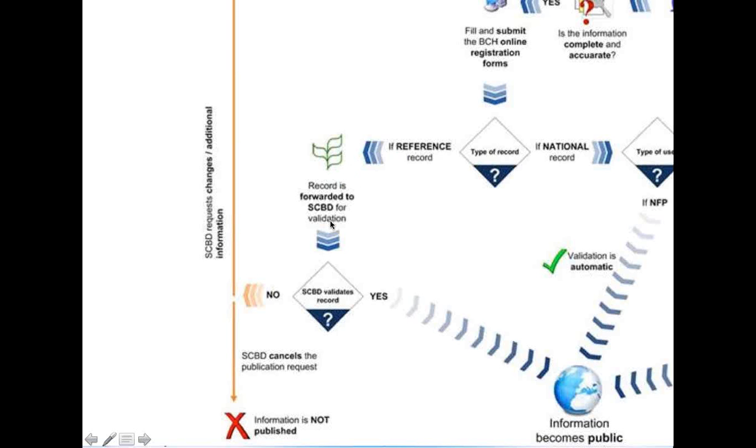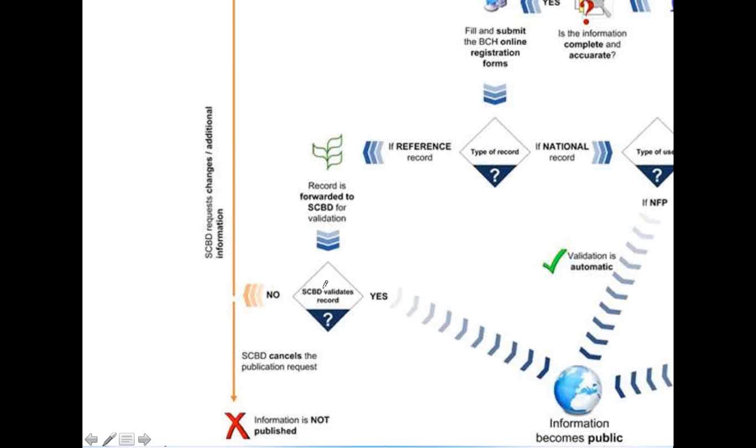and it is forwarded to the secretariat for validation. So you generate it, you complete the form, and forward it to the secretariat. The secretariat will decide whether to validate it or not. If they validate it, then it automatically goes to publication.